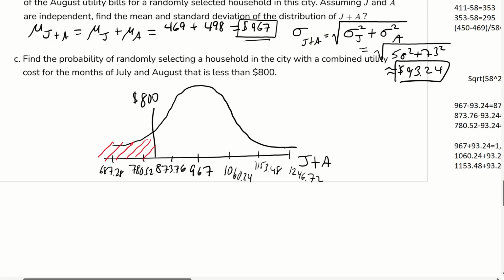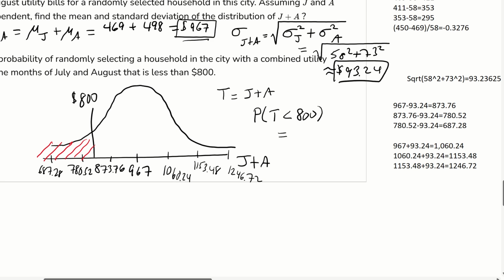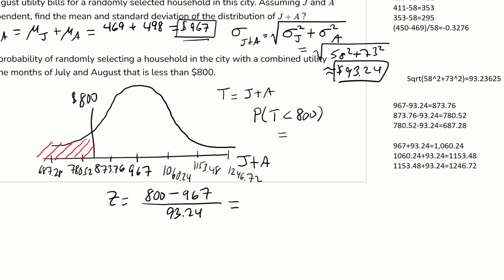Okay, and we'll say that t is equal to j plus a. So then the probability that t is less than $800 is equal to, and then we can look up the probability. So convert this to a z-score. So 800 minus the mean divided by the standard deviation, which is 93.24. Negative 167 divided by 93.24, so negative 1.79.